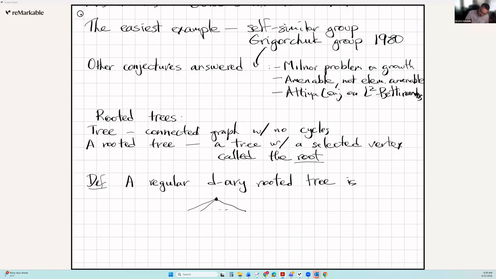You have a root, and then every vertex has a certain number of children. This is the root, and every child of this root is again the root of a new subtree, which is isomorphic to the big one. So every vertex has d children.